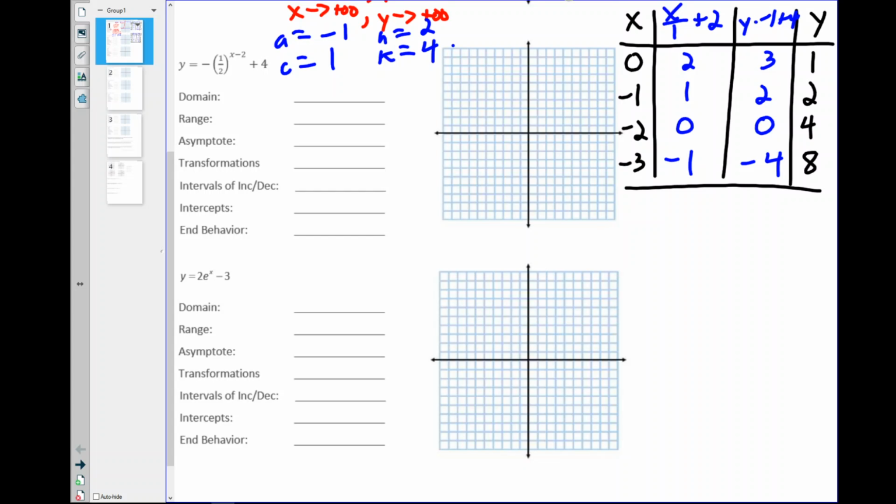What type of asymptote does an exponential have? Where is this one going to be at? Yeah, K, which is at 4, so y equals 4 is going to be my asymptote. There we go.